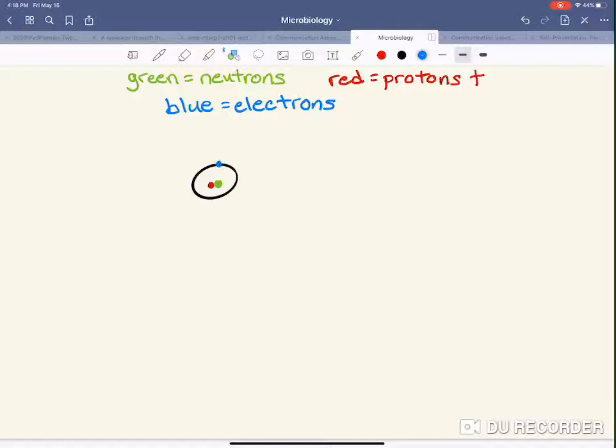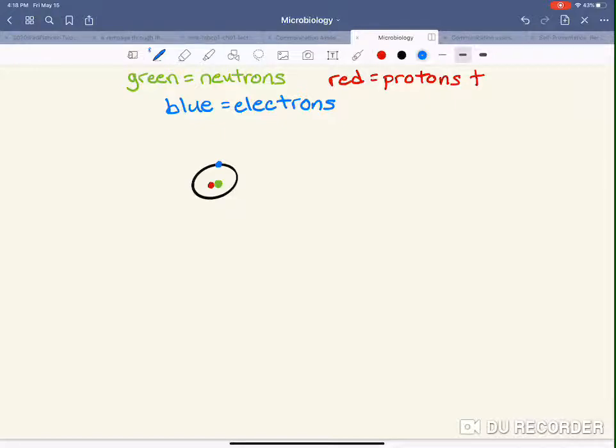So now we have our 1 little electron hanging out on our shell, okay?